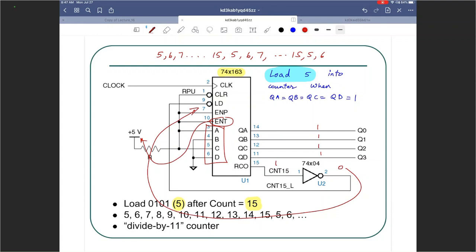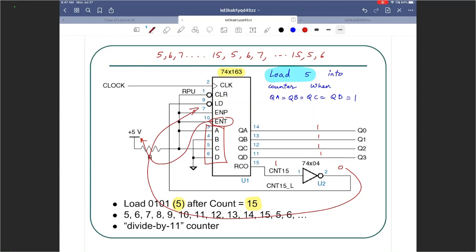We just had to put an inverter over here because RCO was an active high output and load was an active low input. So we had to put an inverter over there. So this is going to be 5 to 15. So those are 11 different states. So it's a divide by 11 counter.